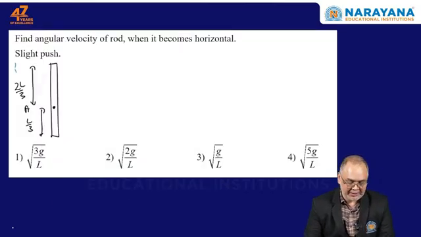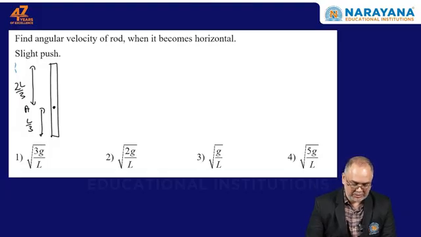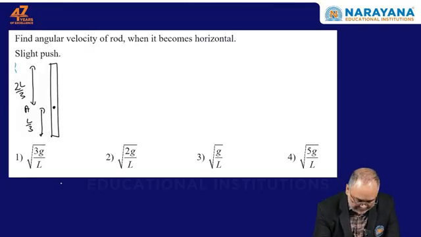Next question you can see here. We have to find the angular velocity of the rod when it becomes horizontal. We are giving a slight push to the rod. Now you can see the rod is hinged at a distance L by 3 from one end. This is a thin rod, and it is hinged here.